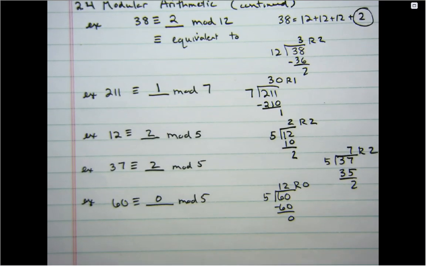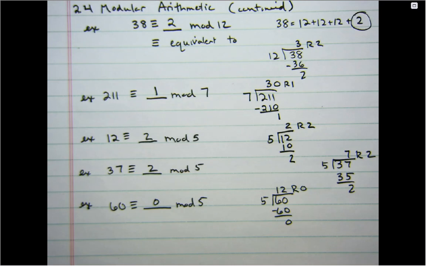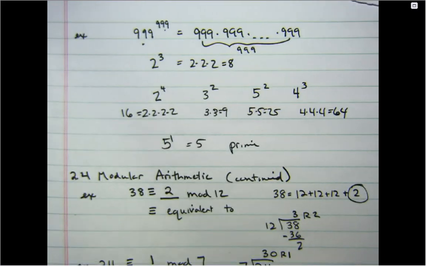So when you do modular arithmetic, the answer is always smaller than the number you're doing modular arithmetic with. Like when we do mod 7, we get an answer between 0 and 6. When we do mod 5, we get an answer between 0 and 4. I'll write down several problems for you to try, and then I'll come around and see how you're doing.